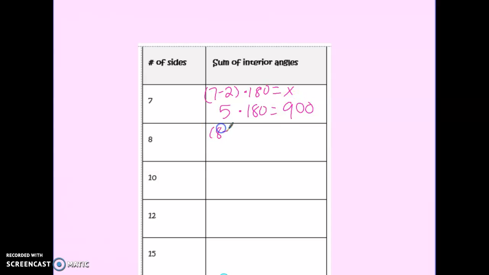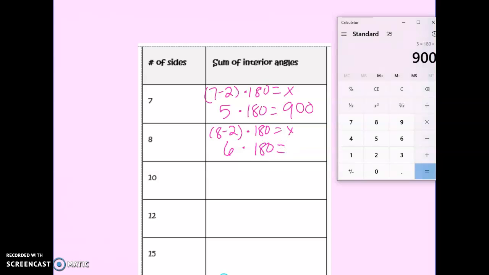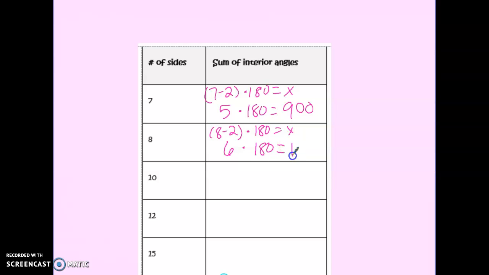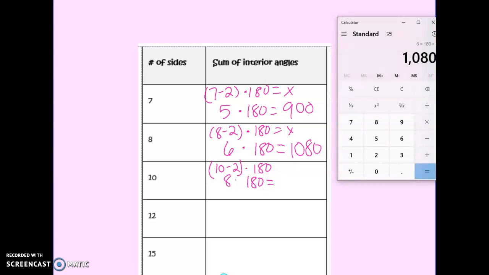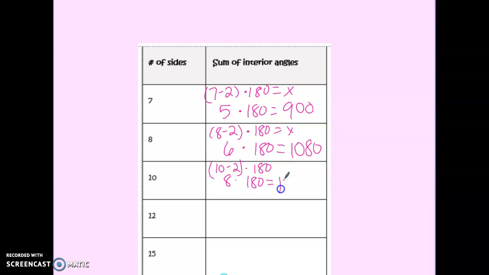Okay, 8 subtract 2 times 180, which is 6 times 180, which is 1080. 10 minus 2 times 180, so we have 8 times 180, which is 1440.